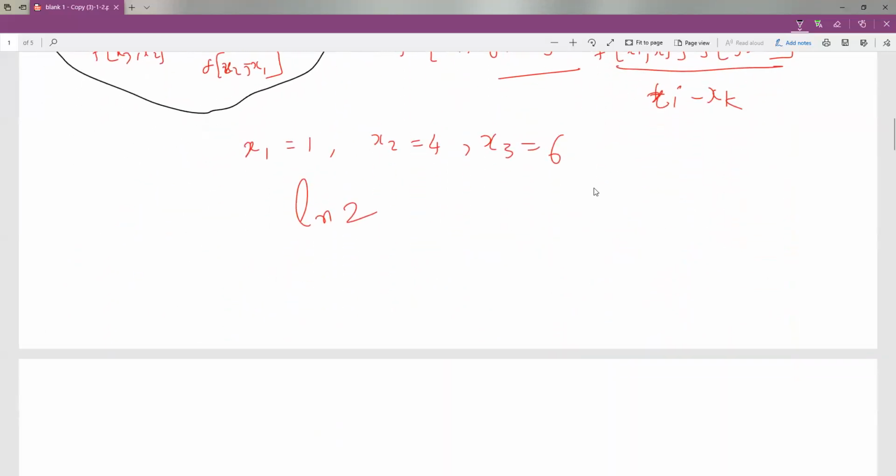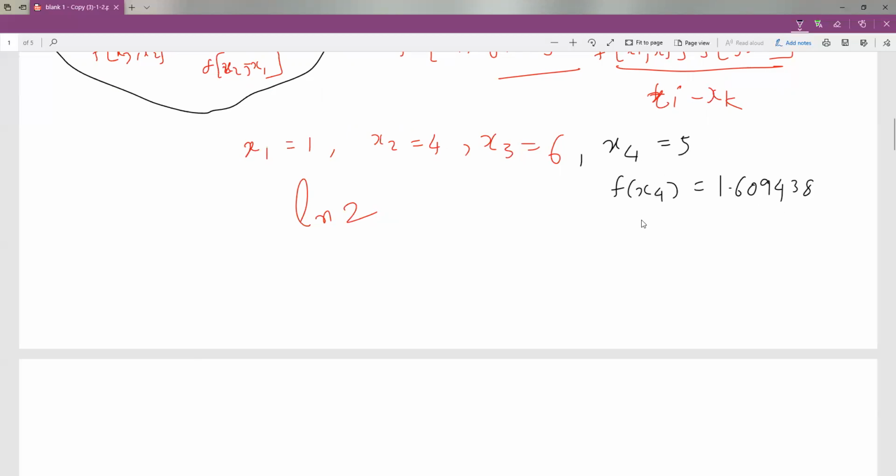But now we will be adding a fourth data point, that is x4 is equal to 5. And we try to use this formula. Of course, f of x4 will give you 1.609438.